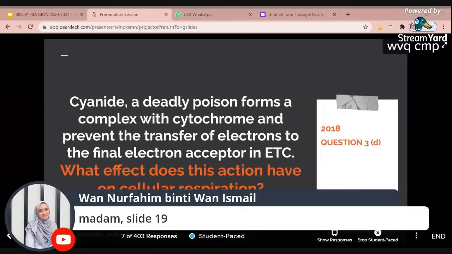And then, sebab dia tak bagi elektron pergi dekat final electron acceptor kan. Final electron acceptor is oxygen. So oxygen akan combine dengan H plus, so dia akan form H2O. So eventually no water is produced. No water molecule will be produced.